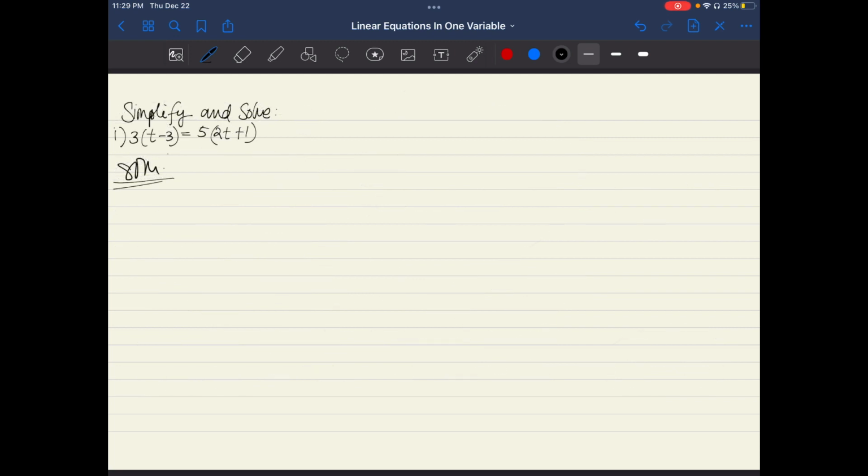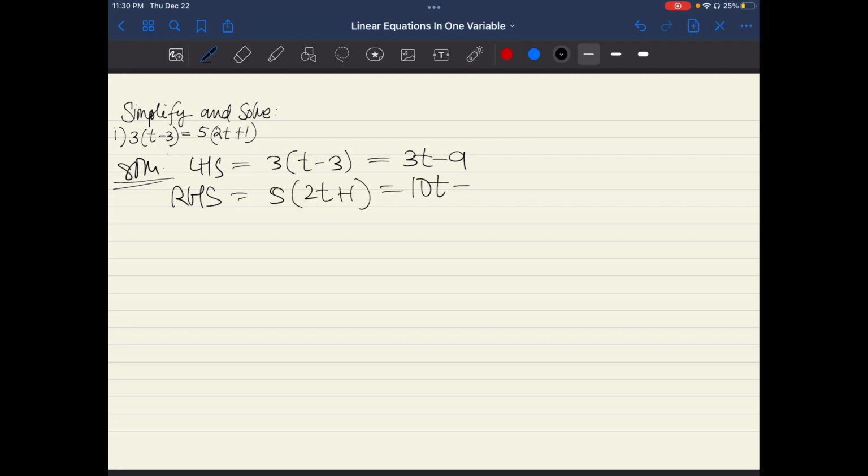Now let's solve some more questions together. Simplify and solve. 3 times t minus 3 equals 5 times 2t plus 1. So simplifying the LHS, we get 3t minus 9, and we get an RHS of 10t plus 5. Now we know that LHS is equal to RHS, therefore 3t minus 9 equals 10t plus 5.